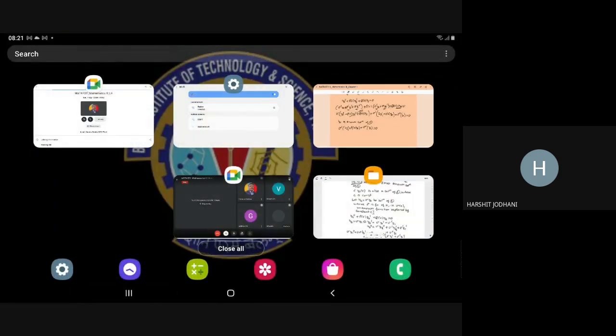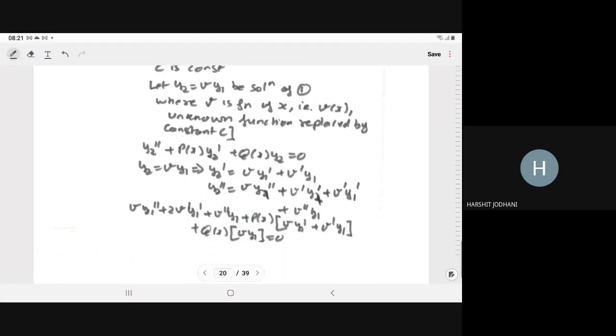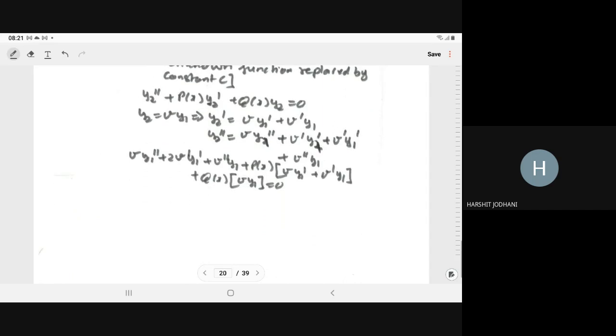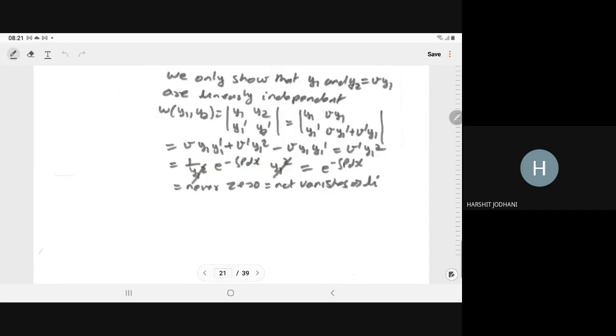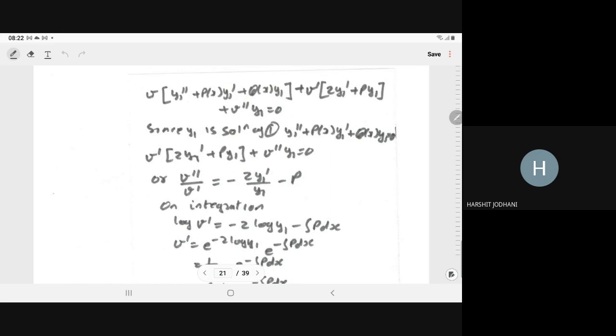So we have computed v dash into (2 y1 dash plus p y1) plus v double dash y1 is equal to 0. Now we separate the variables.